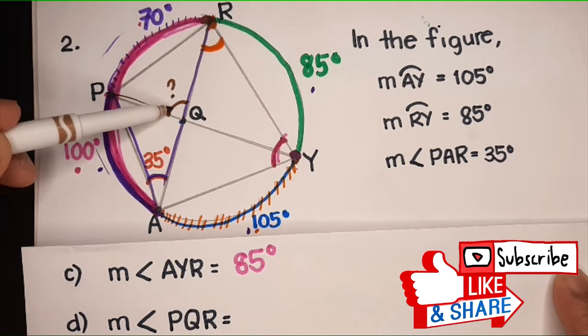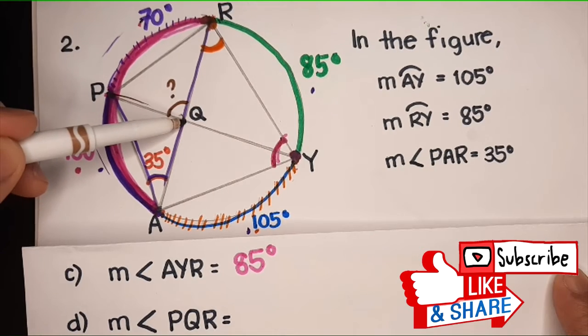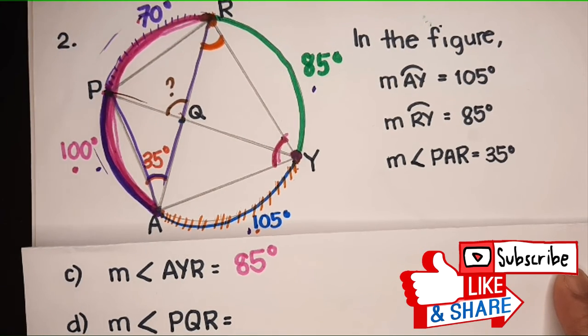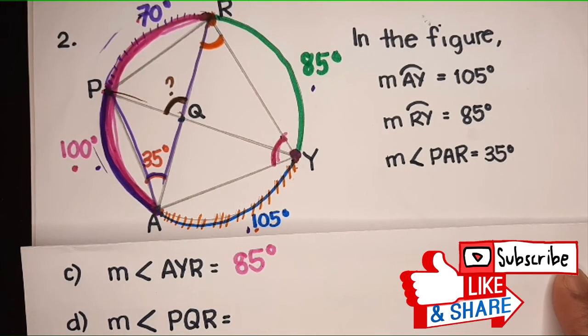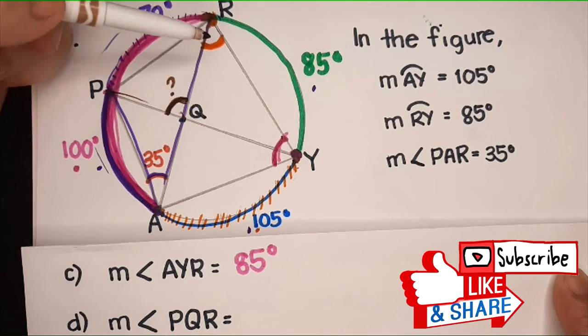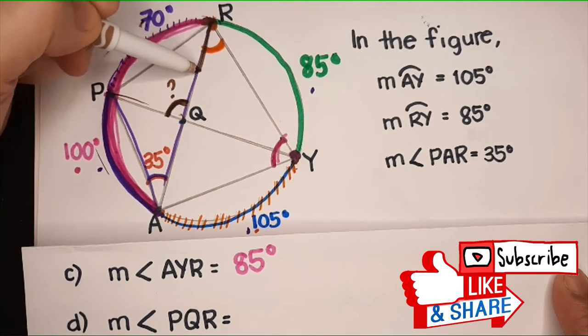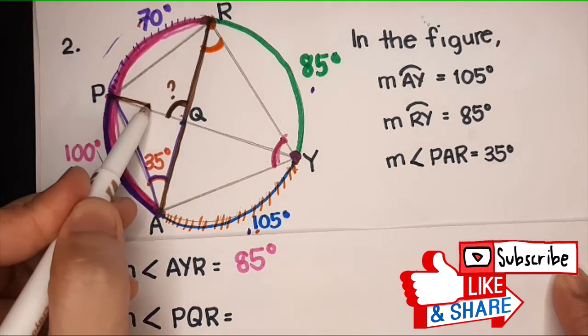Okay? So, it's not equal to 70 degrees. No, because it's not a central angle. Okay? Pero kung titingnan ninyo, this angle, okay, nasa intersection siya ng dalawang chords. Here, this is the first chord. Okay, and this is the second chord.